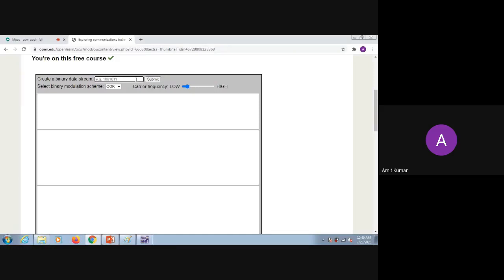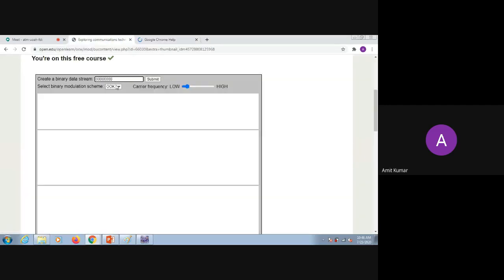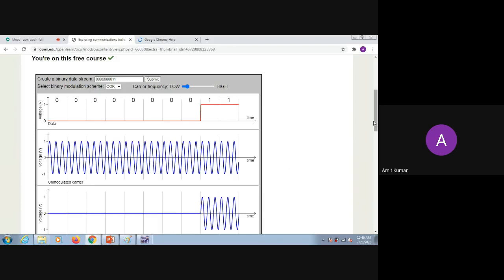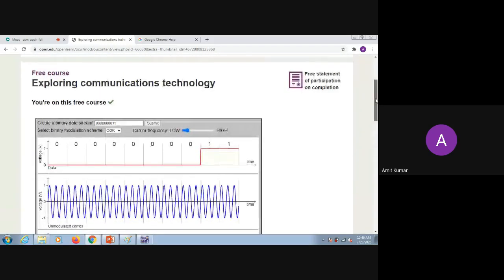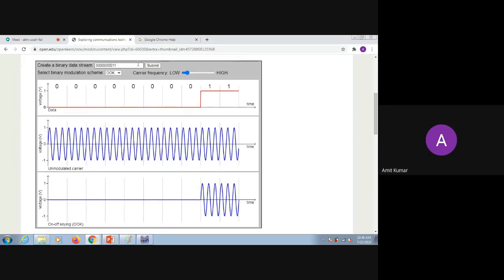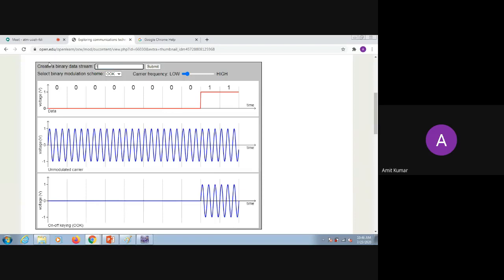First, what signal will we generate? The last two ones. Here you can see the signal is available in the last two blocks. Now we will invert this data. Inverting this data means all other data will be replaced by 1 except the last two, which will be replaced by 0.